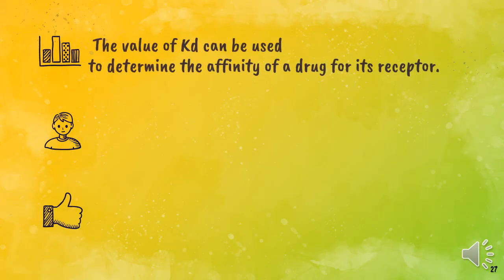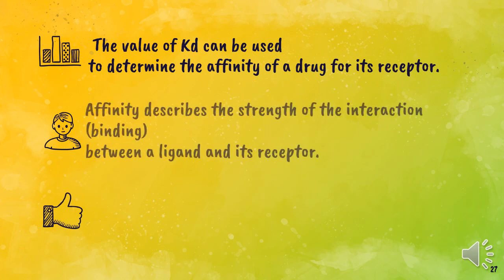So the value of Kd can be used to determine the affinity of a drug for its receptors. Affinity describes the strength of the interaction, how strong the bond or interaction for the intrinsic activity is, how strongly a drug or agonist is attracted to its receptor, how much they will bind and produce the biological response.